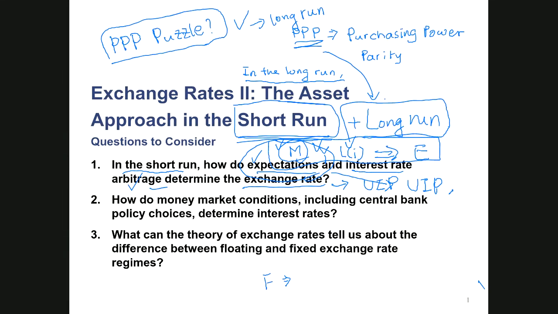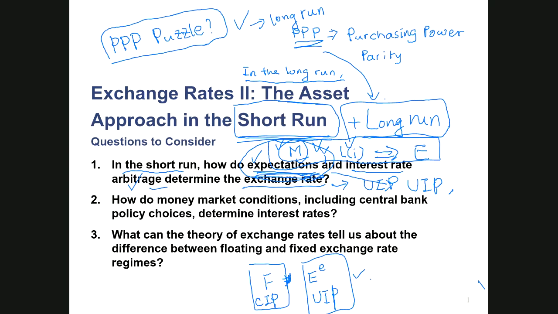The difference between CIP and UIP is just those two: UIP uses the expected exchange rate as the long-term exchange rate, and CIP uses the forward rate. So when it comes to expectation, we need to think about UIP.